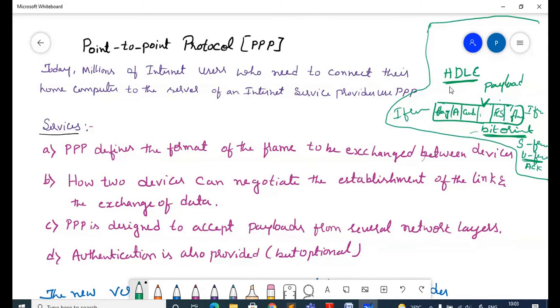Now, similar to HDLC, we have another protocol called Point-to-Point Protocol, in short PPP. It is similar to HDLC. We will look in detail into the frame structure and how this protocol works with the transition diagram.